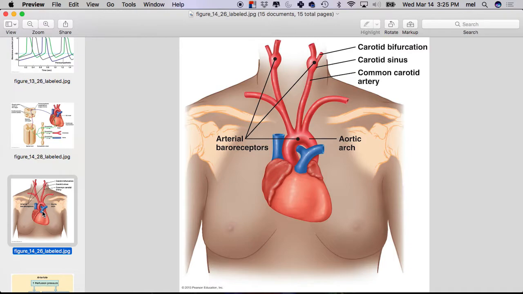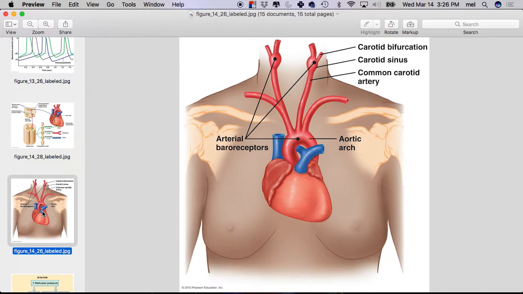So let me show you how they work. What are they going to do? You predict before I show you the animation. If you detect high pressure in the aortic arch or the carotid sinus and you tell the medulla oblongata with sensory information, then the medulla oblongata is going to respond to high pressure by turning on, choose, the sympathetic or parasympathetic nervous system.